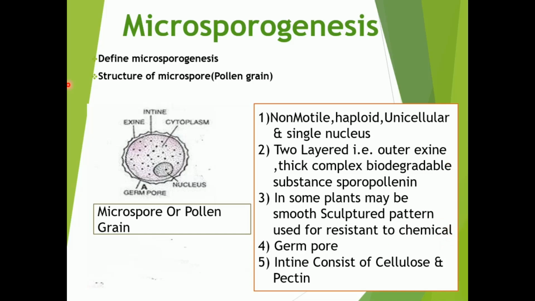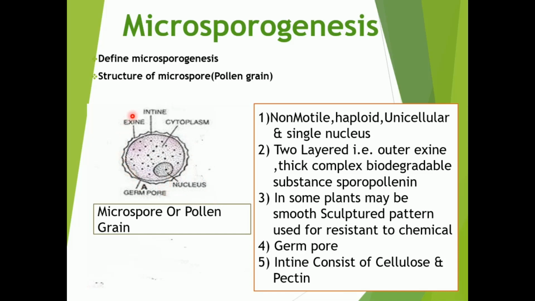If you observe the structure of a pollen grain, the outermost layer is called the exine. The next layer is called the intine. Inside is a homogeneous cytoplasm, and one spherical structure is also located, which is called the nucleus.